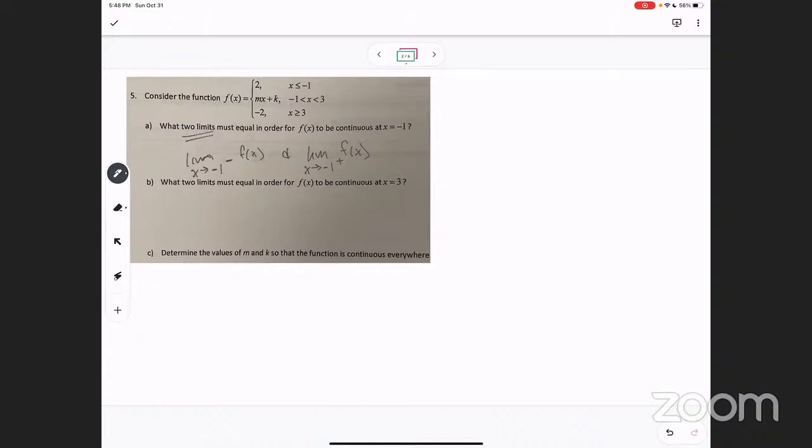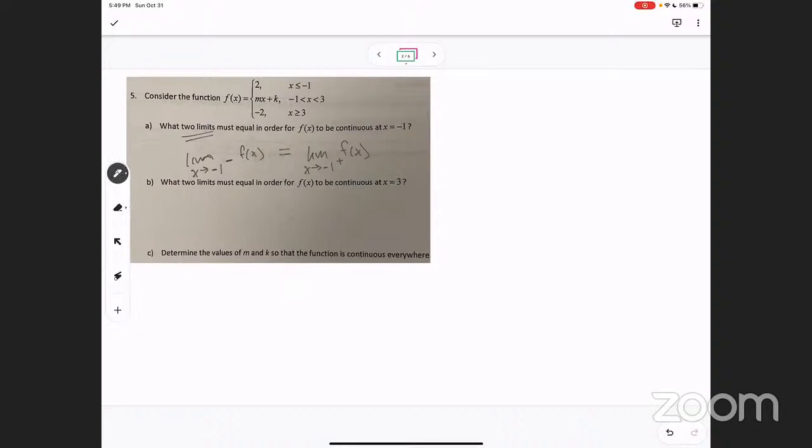Not only that, what 2 limits must equal in order for f of x to be continuous? Well, you would have to say furthermore, the wording of that is a little messy, isn't it? So maybe we should say it like this.